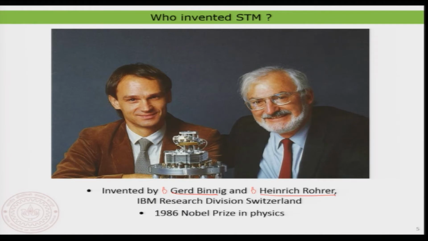They were awarded the Nobel Prize within just 5 years, almost immediately after the discovery. So you can see how powerful this technique became, that people recognized within 5 years that this is going to be one of the most important tools in nanotechnology.